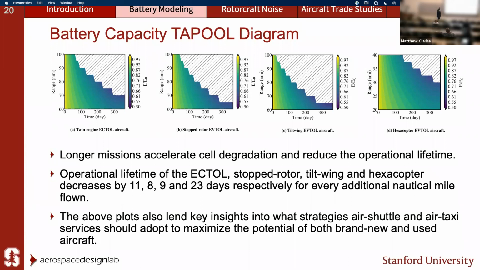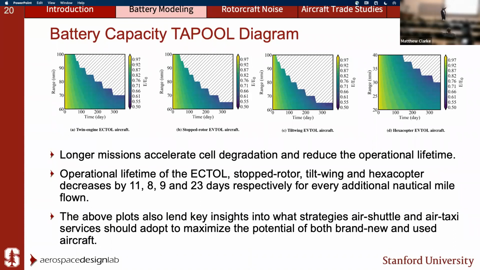The reason this is important is because for battery-powered aircraft, there's a lot of talk about how we should go about utilizing these aircraft. Should we swap out the battery after each cycle, or should we recharge? The problem with swapping batteries is that every time you take out and put in a battery, you're weakening the electrical and structural integrity of the ports connecting the two. So you really don't want to be taking the battery in and out all the time.